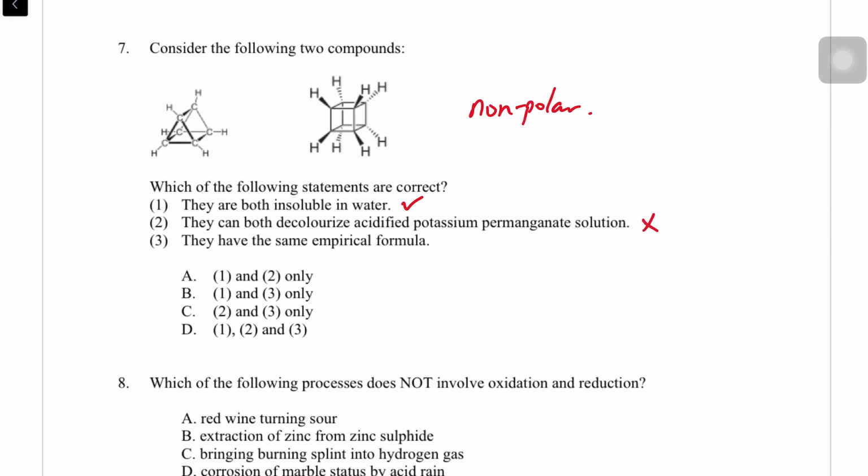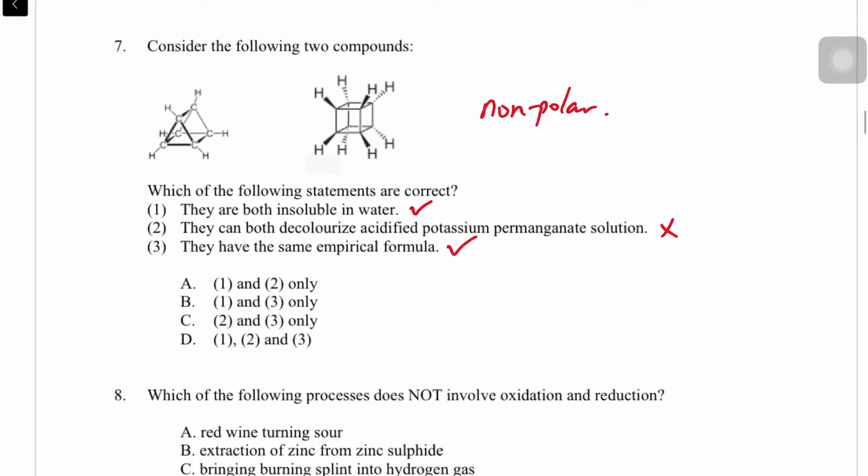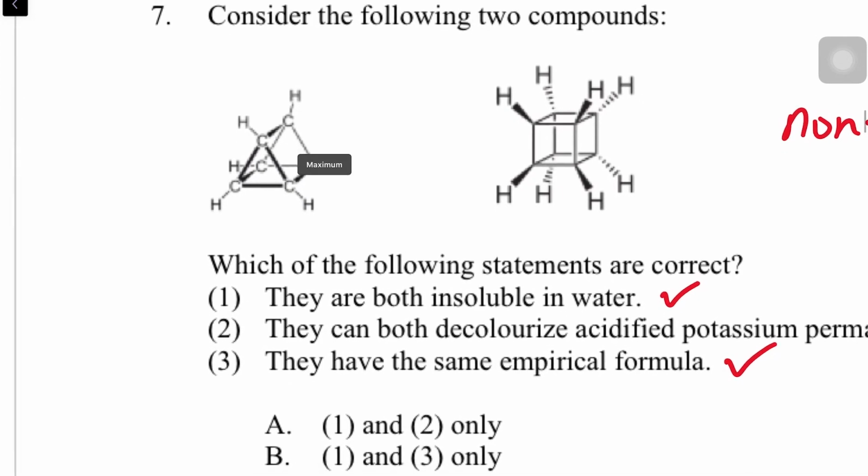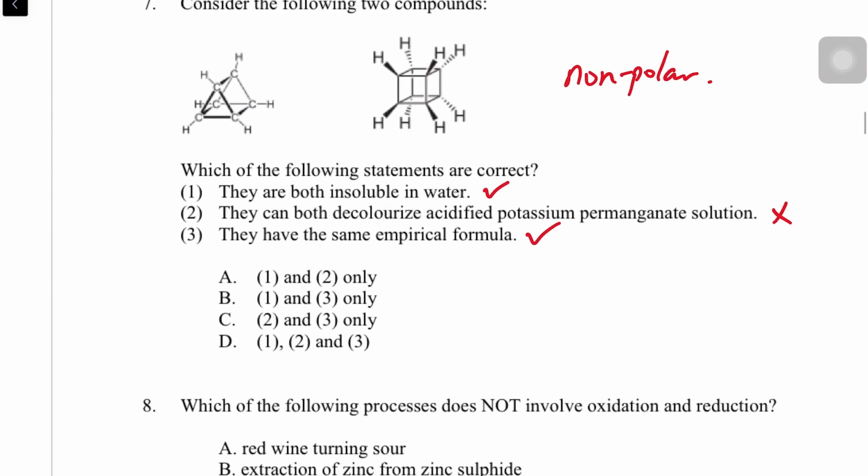Finally, let's check if they have the same empirical formula. Well, the answer is yes, because each carbon connects to one hydrogen only. So the C to H ratio should be 1 to 1 in both cases. So the answer should be 1 and 3. So this is B.